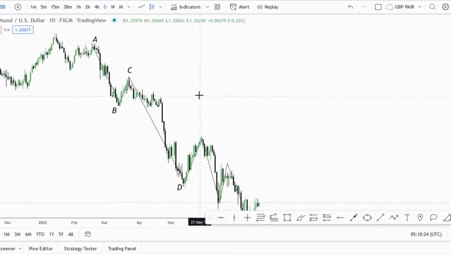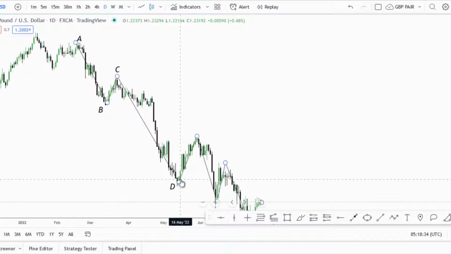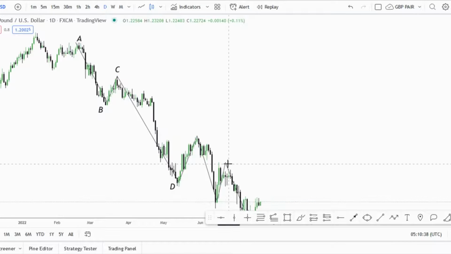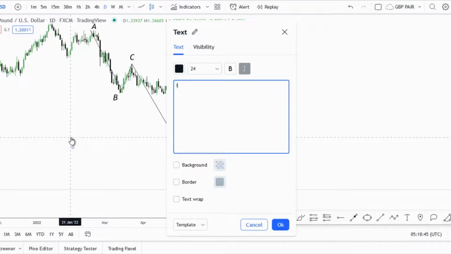Let's talk about just this wave, this movement here. This is the impulse, the retracement, and then another impulse. Then we have another retracement, another impulse, another retracement, another impulse.